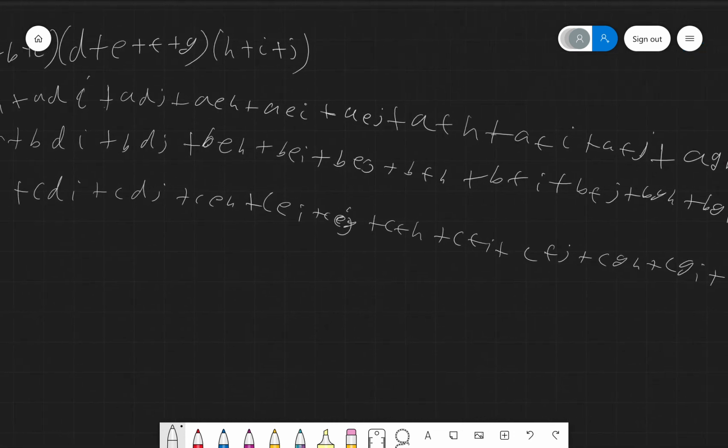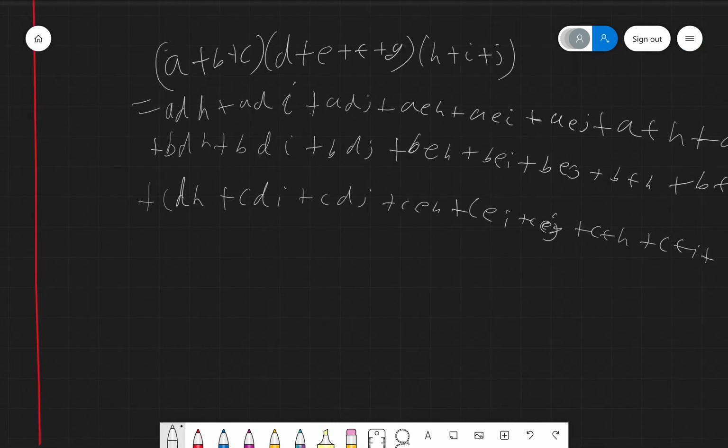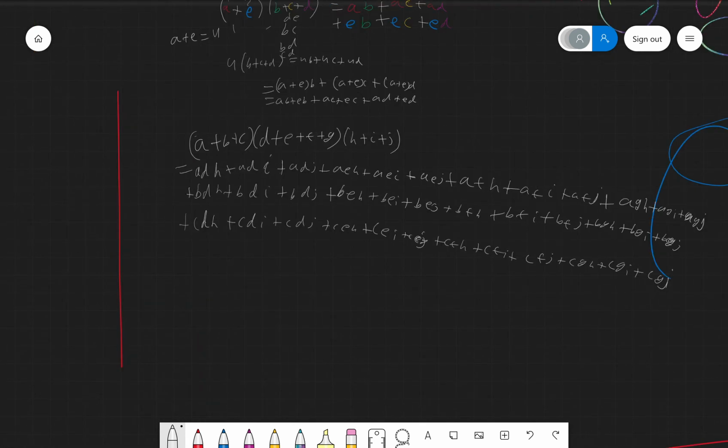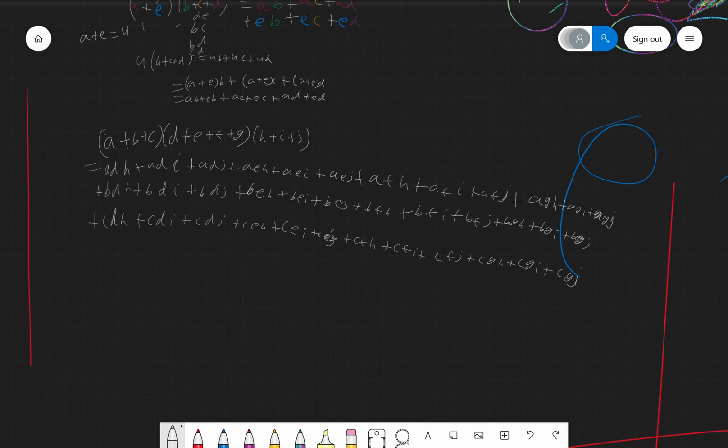Okay, that's the whole thing. And to check, we need to have 36 terms. So in every row, we have 1, 2, 3, 4, 5, 6, 7, 8, 9, 10, 11, 12. And there are 3 rows, so we have 36 terms. And that's good.